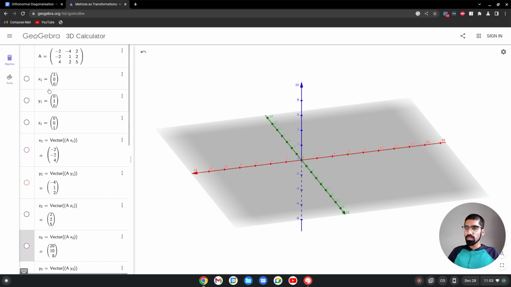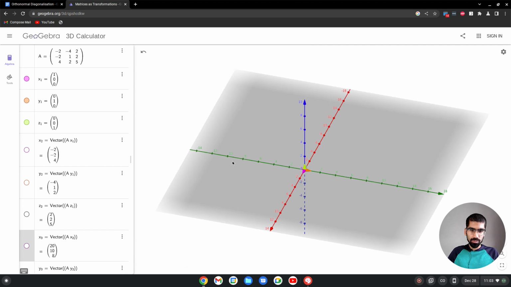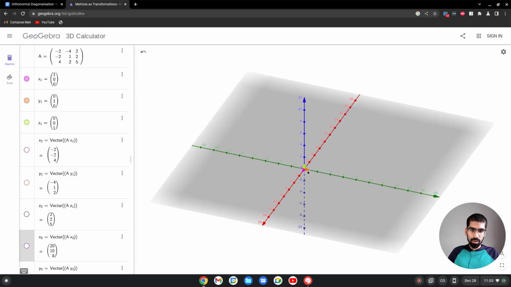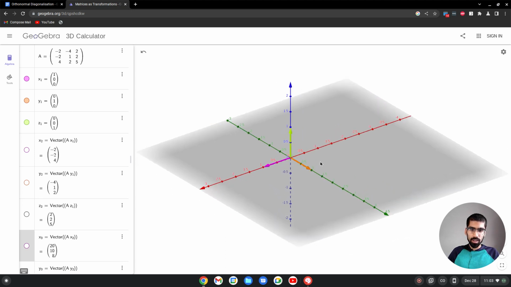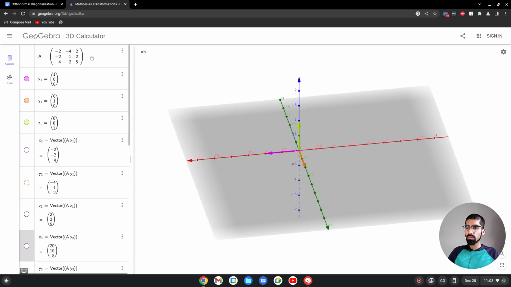So let's start off with our standard basis vectors. You see them very tiny down here. They're all pointing in different directions, and we have this matrix A that we have defined.